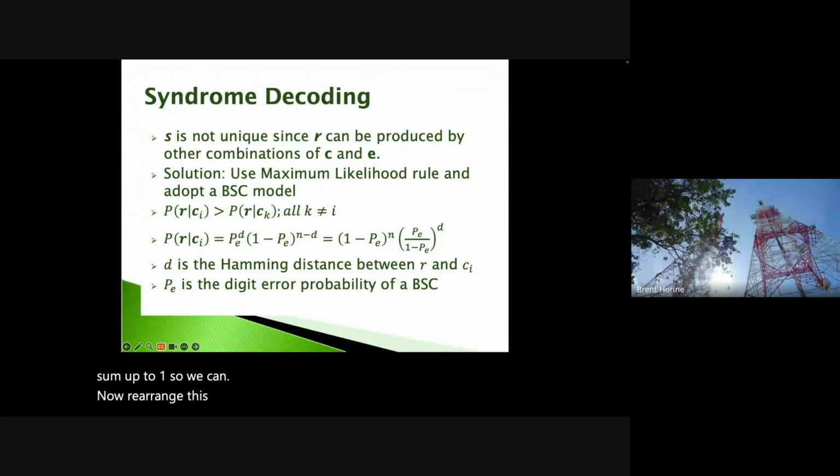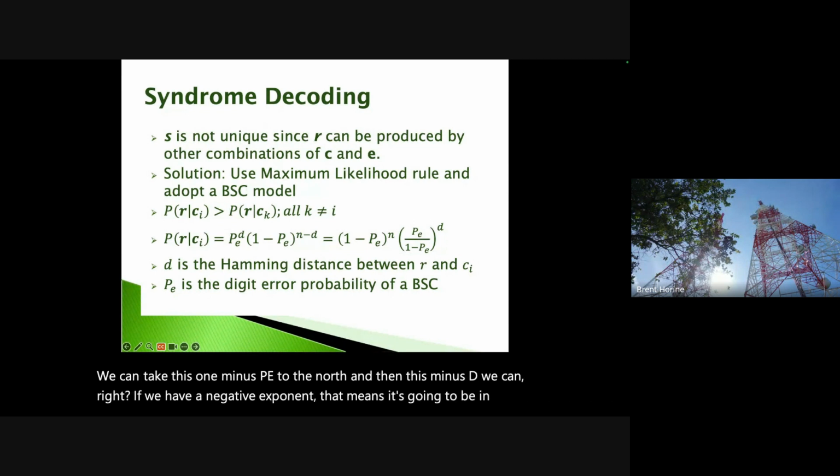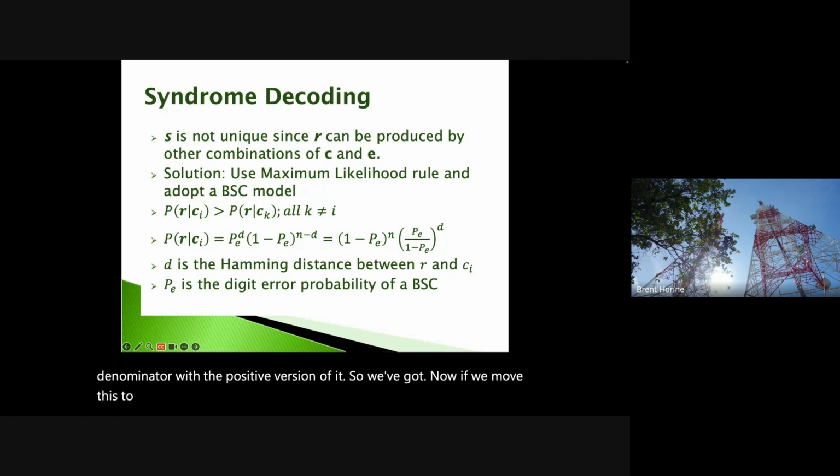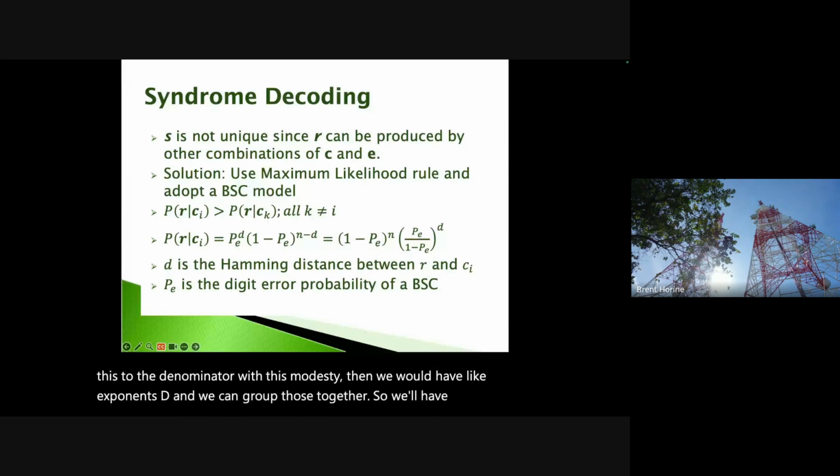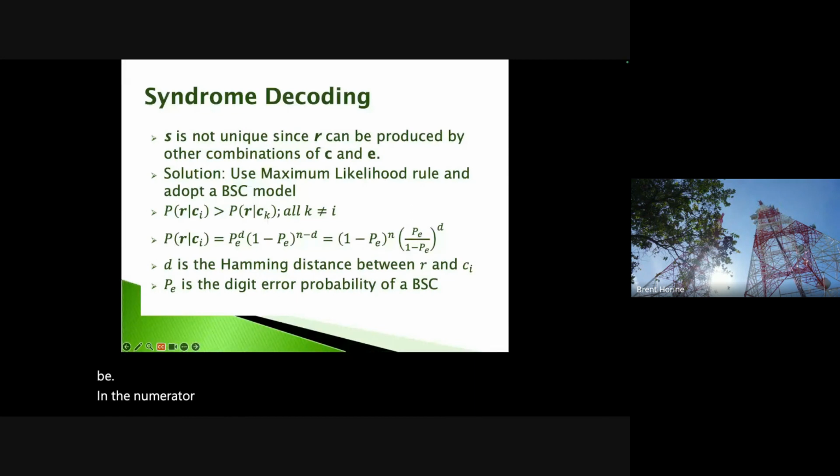If we have a negative exponent, that means it goes in the denominator with the positive version of it. So if we move this minus d to the denominator, we'd have like exponents d, and we can group those together. So we'll have p sub b in the numerator, and 1 minus p sub b in the denominator, both raised to d.